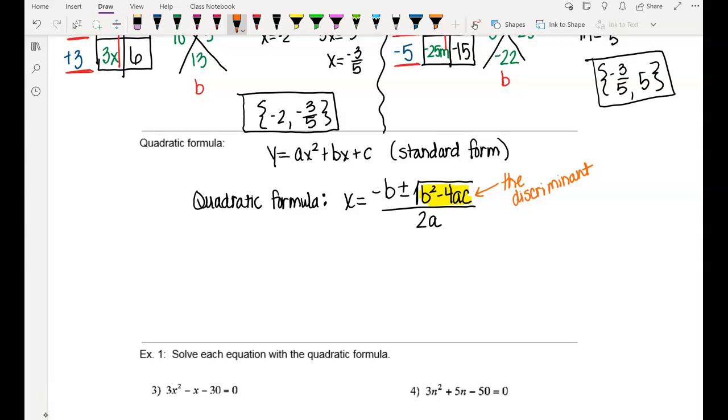And I told you at the time that it was part of a larger equation. The biggest problem that happens here is on the substitution, making sure we're being cognizant of all of our negative signs. That is usually where the errors happen. You also notice you see this stacked plus and minus. That means that you have two different answers. One will have a positive in there, one will have a negative.